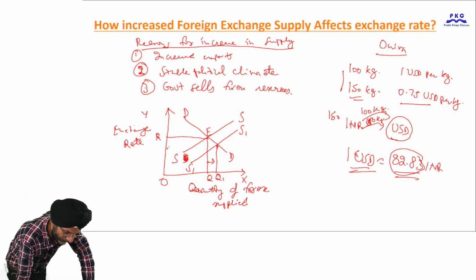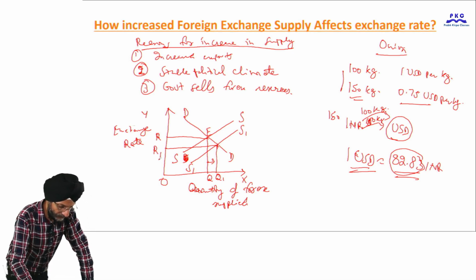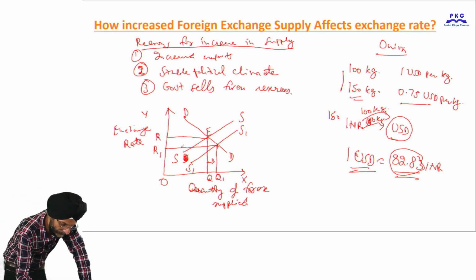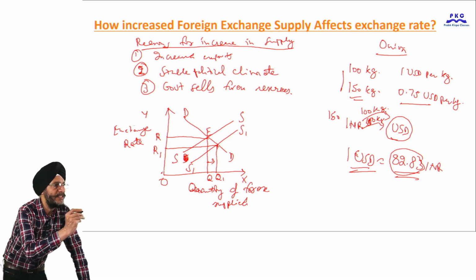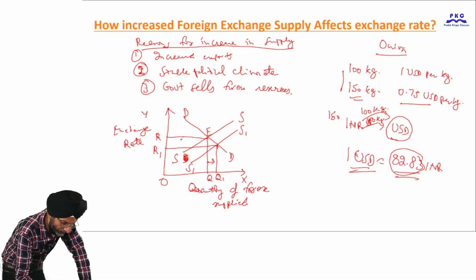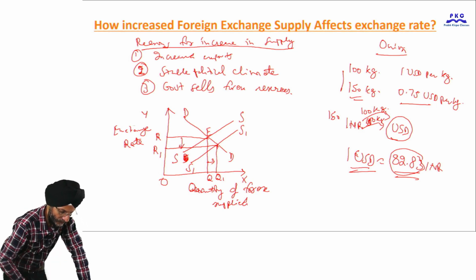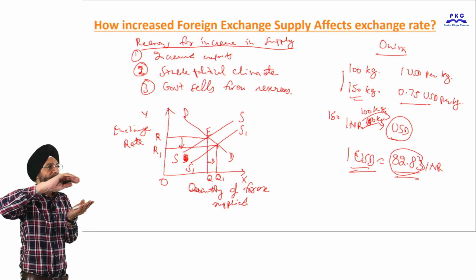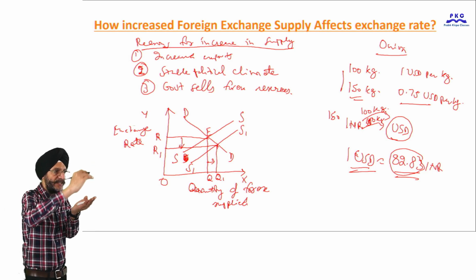What has it resulted in? It has resulted in a decrease in the exchange rate. Here the earlier exchange rate was OR, now it has decreased to OR1. Supply of foreign exchange has increased, exchange rate has decreased.